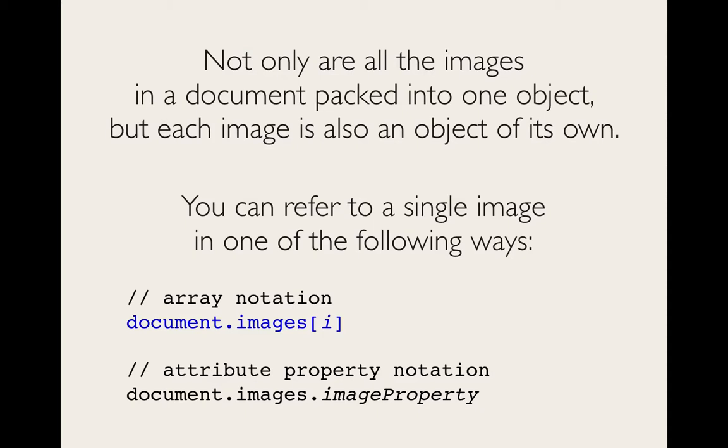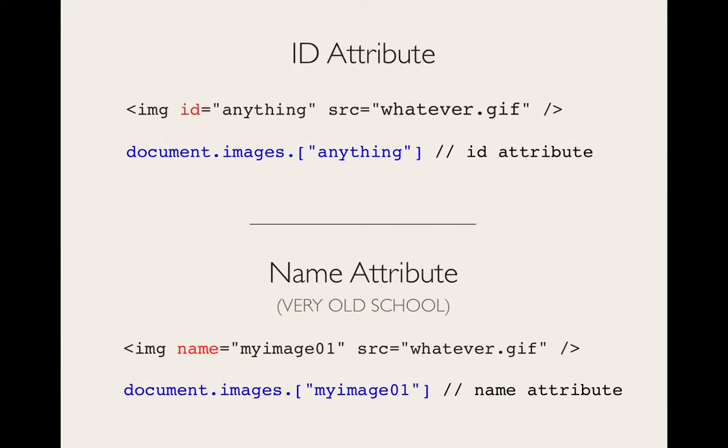You can also refer to it by its attribute property notation, which is basically document.images.someImageProperty. Probably the more flexible way. So let's look at the ID attribute, because if you remember from CSS class, one way of assigning a unique identifier to any object on a page is to give it an ID, because you can only have one specific ID on a page.